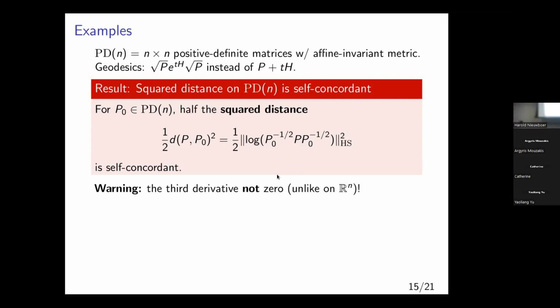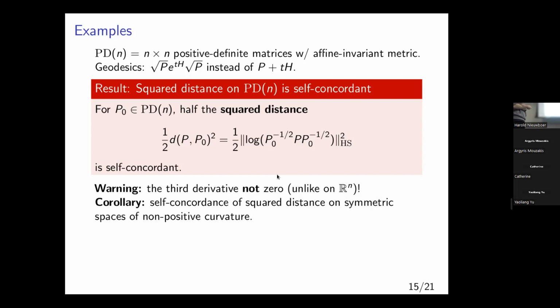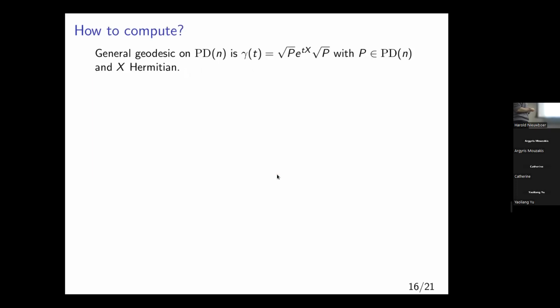A general quadratic you can write as the distance squared to a point plus some linear term, but who cares about linear terms? And because we can prove this result, you can also show that on arbitrary symmetric spaces of non-positive curvature, the squared distance is also self-concordant, but that's maybe not so interesting for this crowd.